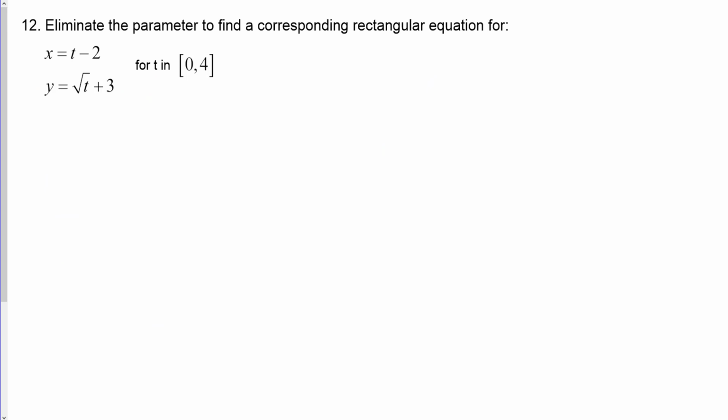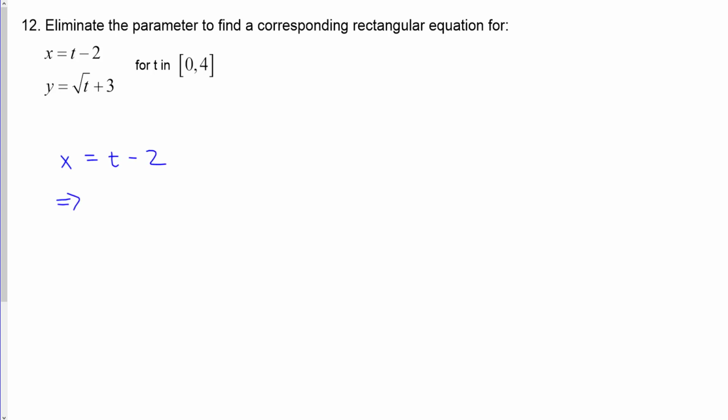Number 12. Eliminate the parameter to find a corresponding rectangular equation for x equals t minus 2, y equals the square root of t plus 3. Okay, so for this, I just need to solve one of these equations for t. The easier one is going to be x.